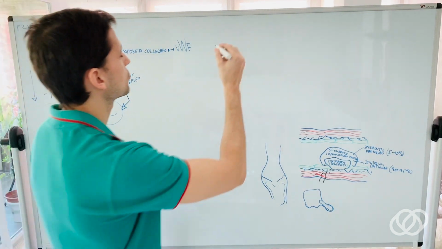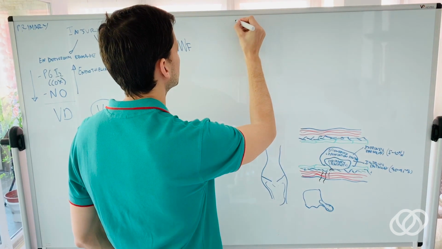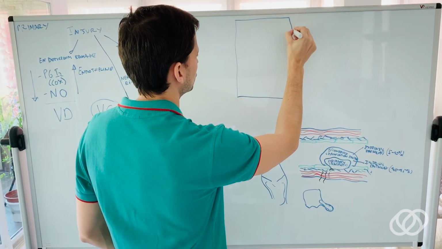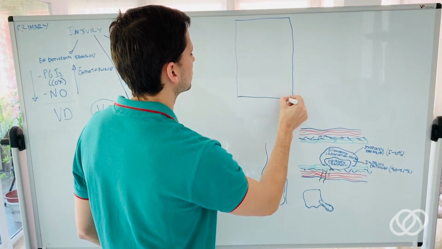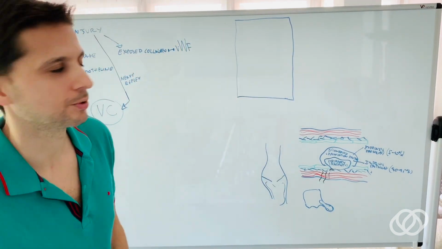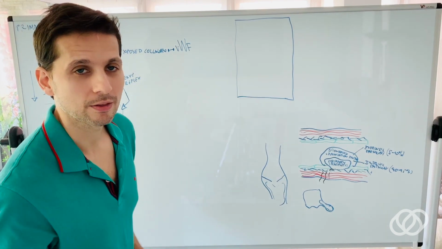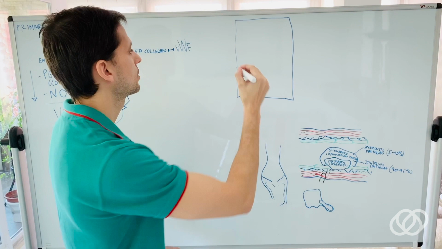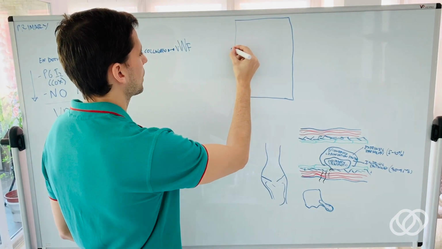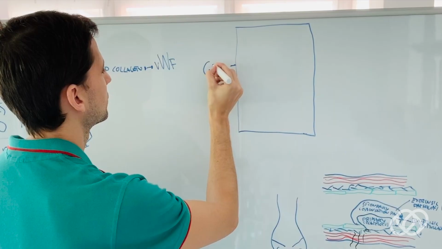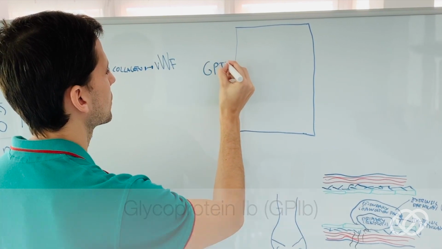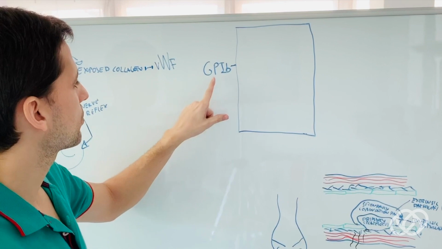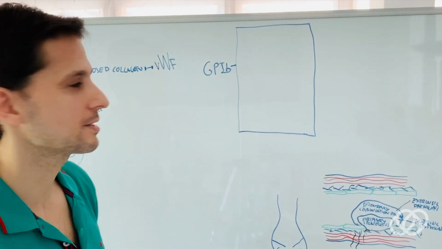Why? Because we have a platelet here. We are going to draw a platelet. They are not a square, but for the purpose of this lesson, we are going to draw a square, it's easier. Then the platelet has several receptors. Some of them are called GP1B. This is the GP1B, the glycoprotein 1B in the platelets.